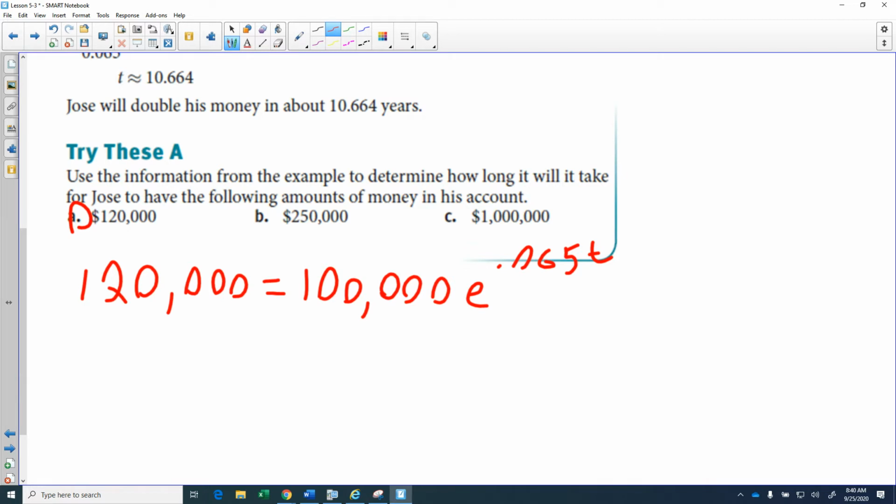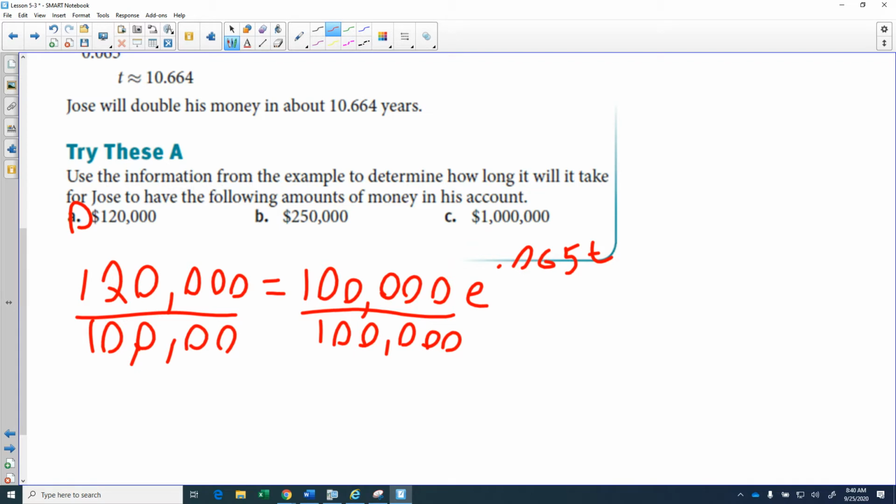First and foremost, let's simplify this for ourselves. Let's divide this 100,000 over to the other side to get rid of it. That's going to cancel it out on this other side, and then this is going to come out to be 1.2.